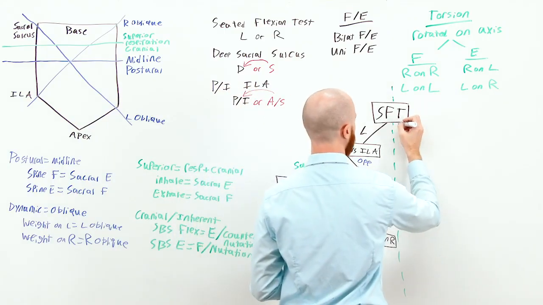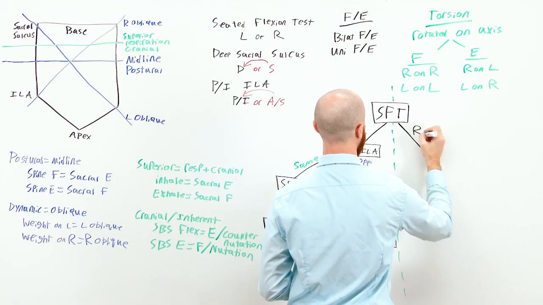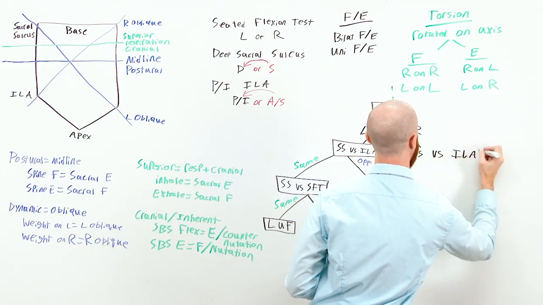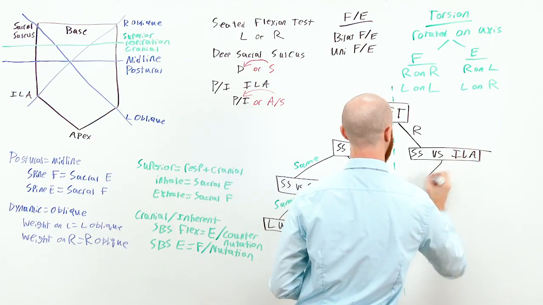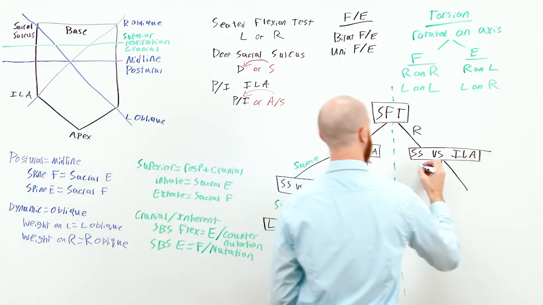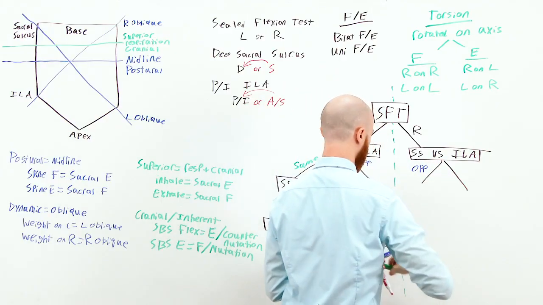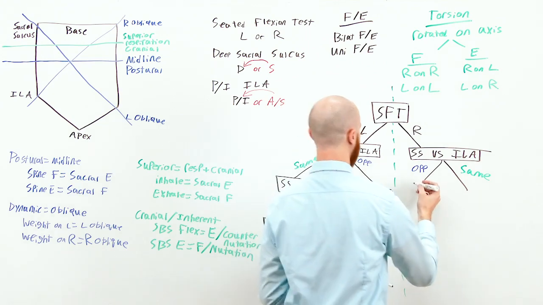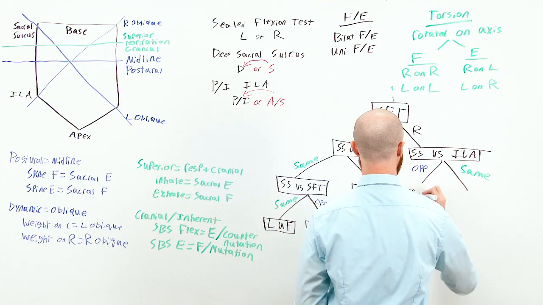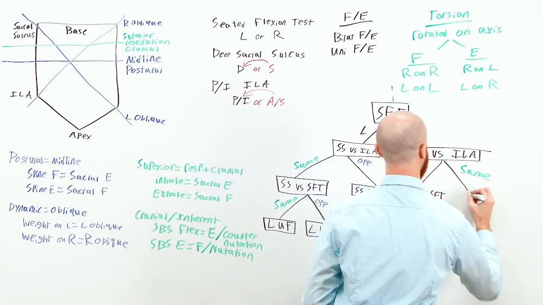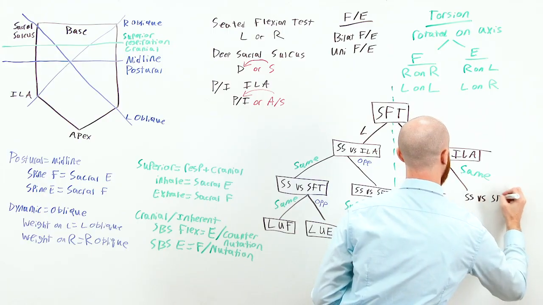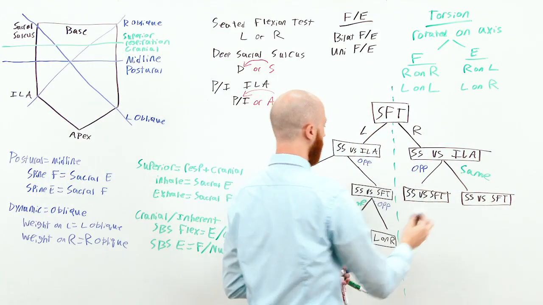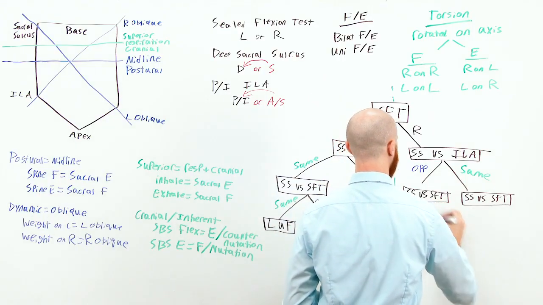So I can draw this out really quickly by saying seated flexion test on the right, sacral sulcus versus ILA. It's a mirror, so I can say this is opposite, this is same. Next we look at the sacral sulcus and the seated flexion test. Of both of these, we can have them being on the same side or the opposite.